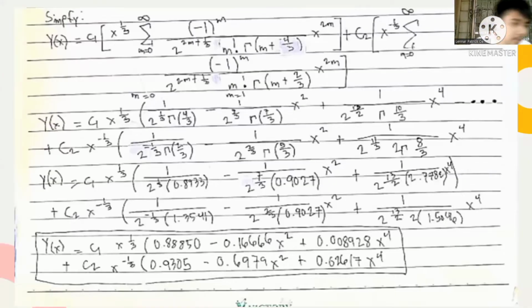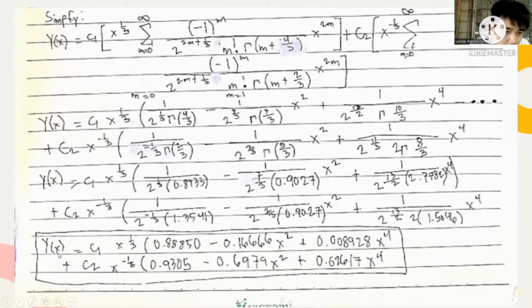Saan may calculator? Ito yung value niya. Tapos yung value ng R8 over 3 naman, itong 1.50682. Tapos ang susunod na lang dyan, isi-simplify siya. Tapos ang makukuha natin sa isi-simplify na to, yung final answer na.